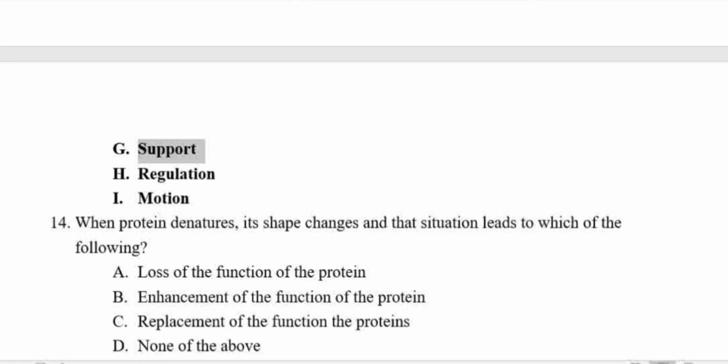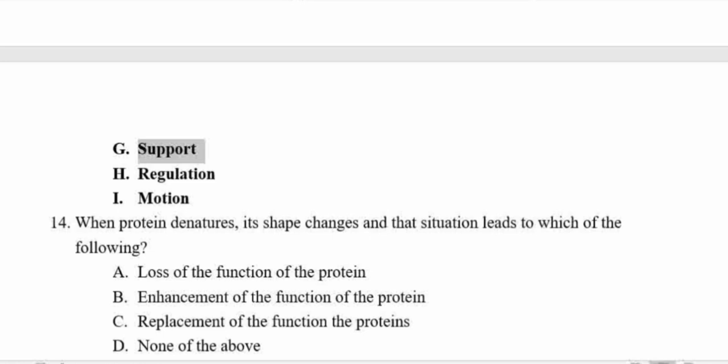Again, we also know of something called collagen. Collagen lends support to ligaments, to tendons, and the skin. So some proteins have a structural function.